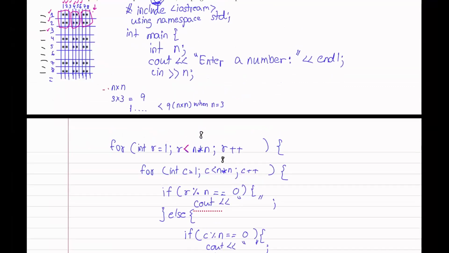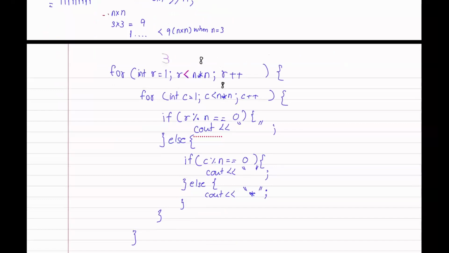Row is 2, and row is now 3. Once the row is 3, you come here.